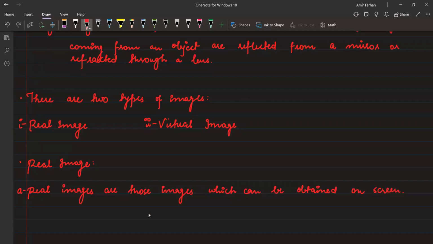Real images are those images which can be obtained on a screen, which can be formed on a screen. It means that they are actual images, they are in reality, right?